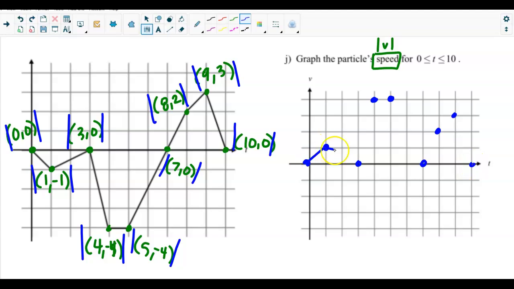But now when we look at the speed graph, I actually really love this because it's a lot easier to see where things are speeding up and slowing down. So remember, in speed, everything is positive, but we can see that these positive slopes show speeding up.